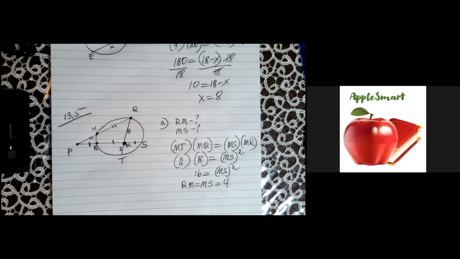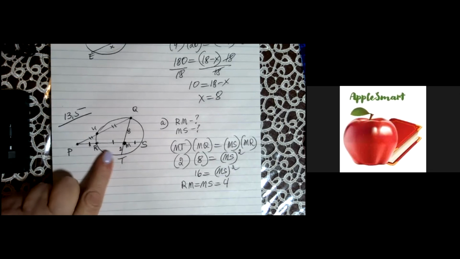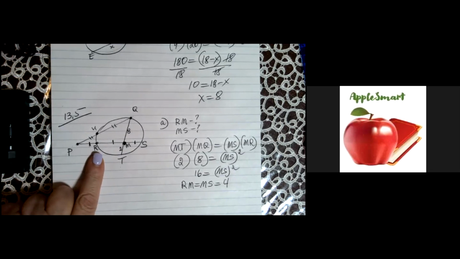So what can we say then? Let's see. Okay, so we are saying that we finished with that part. We found that MR is 4. That's fine.